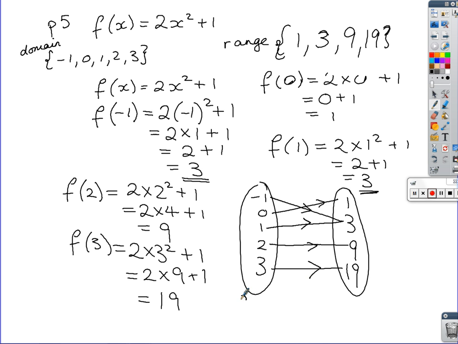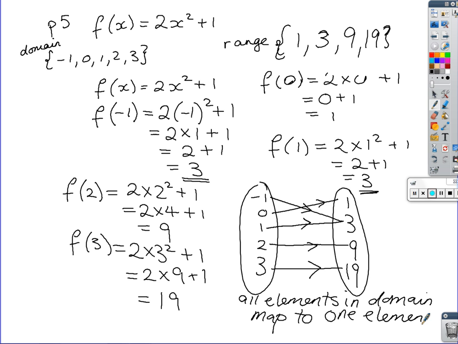So all the elements in the domain map to one element in the range.